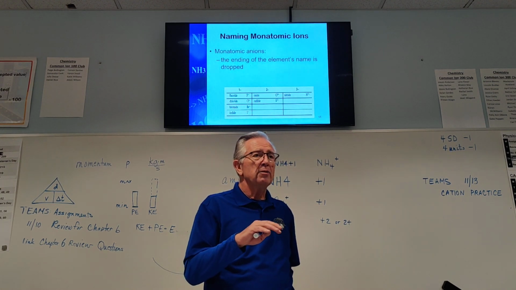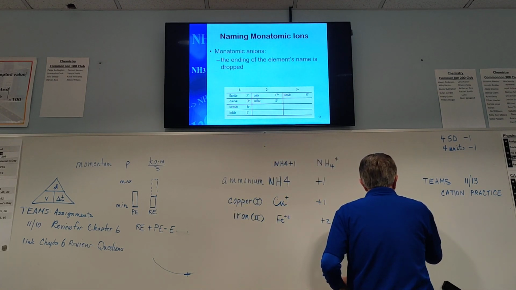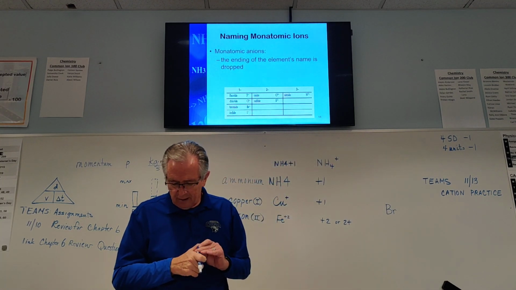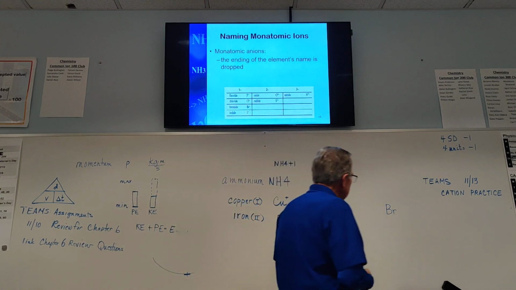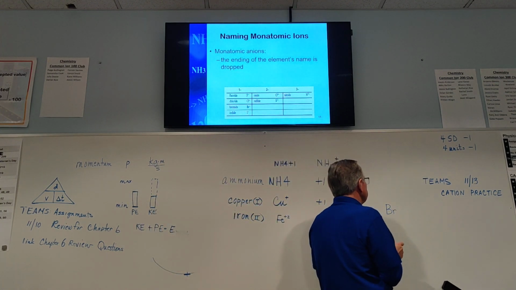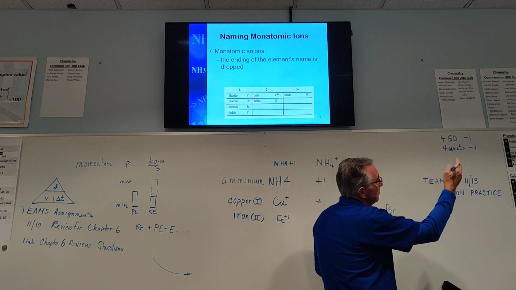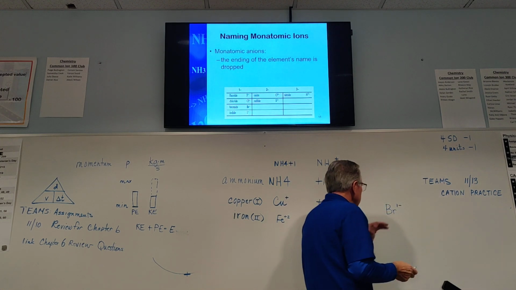It's bromine, but it's not attached to anything else. A lot of the others, you'll notice, are usually attached to oxygen. This is a common one. And so bromine is in the second to last column. It needs 1 electron, so it'll be 1 negative.